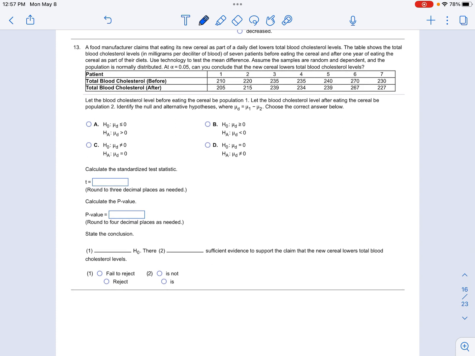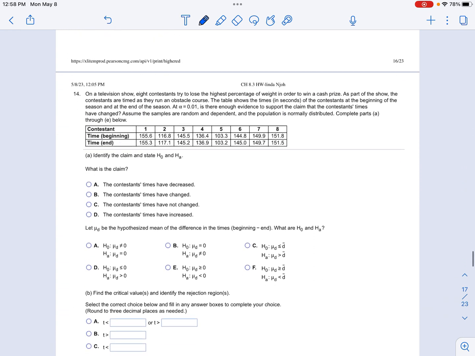A food manufacturer claims that eating a cereal as part of a diet lowers weight. Mu D has to be greater. That's what lowers means. Lowers, that's the claim. You can do this on your own. It's using the p-value, so it should be easy to do. Using the p-value, you guys can do 13 on your own.